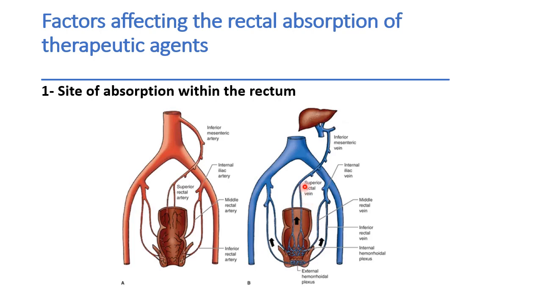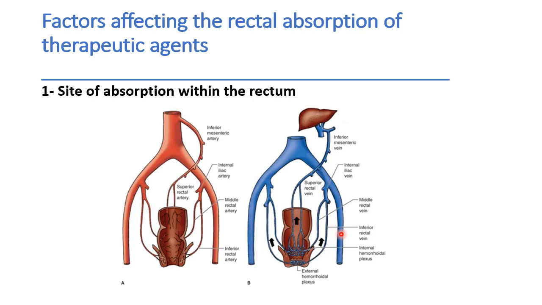Blood from the superior rectal vein enters the portal vein, which flows into the liver, where first pass metabolism of the drug takes place. Conversely, blood in the middle rectal vein and the inferior rectal vein goes directly into the general circulation.